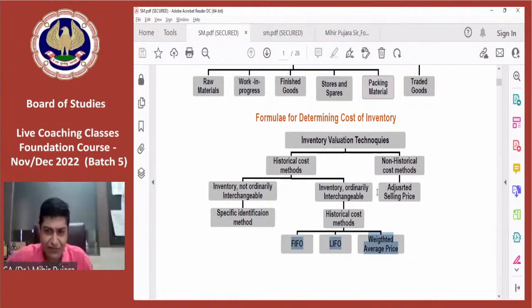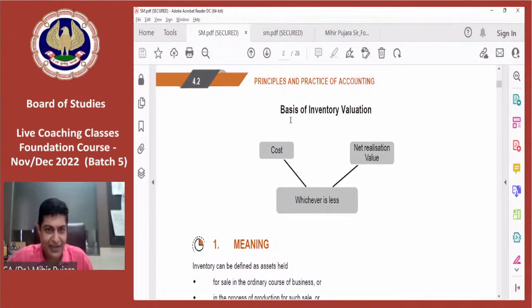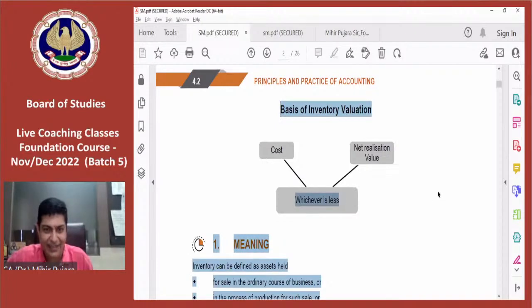After this, they are also asking adjusted selling price. Now, don't forget our routine criteria of inventory valuation by cost or NRV, whichever is lower.